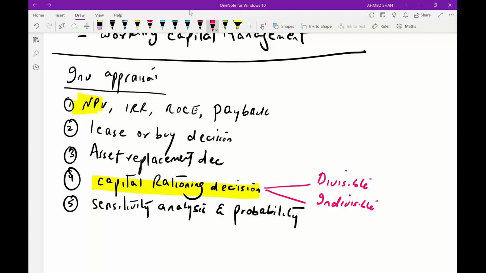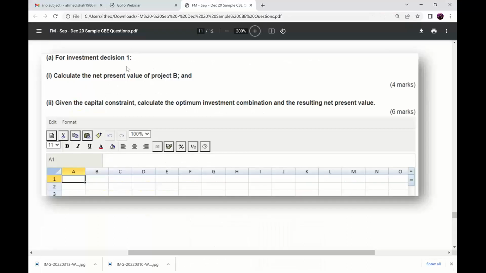Okay. So in this question, the capital is rationed to 5 million. It's asking for optimum investment combination and projects are divisible. Okay. So we will perform both of these. Firstly, for investment decision 1, we are going to calculate the NPV of project B and then the optimum investment combination.